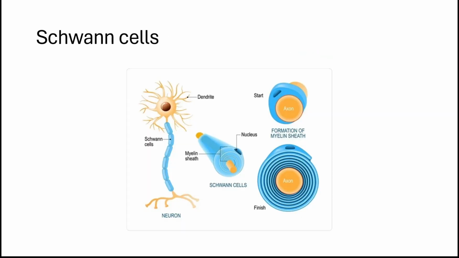Now, in addition to neuroglia, I will be looking at the Schwann cells. Schwann cells are found within the peripheral nervous system and are involved in myelination of the nerves.